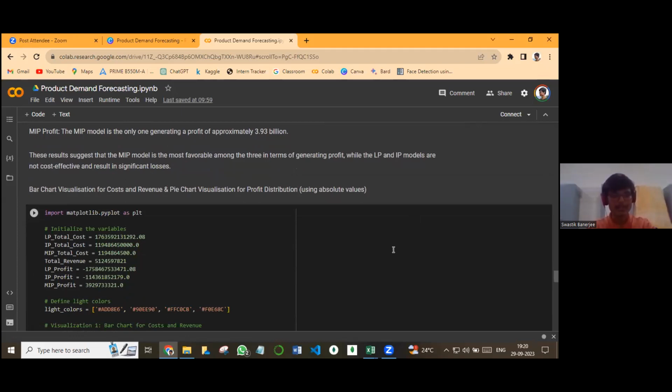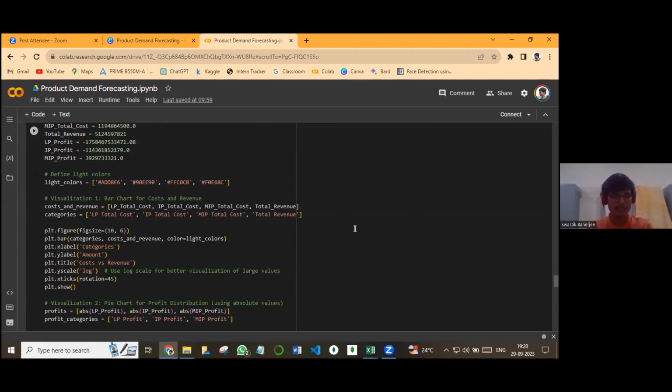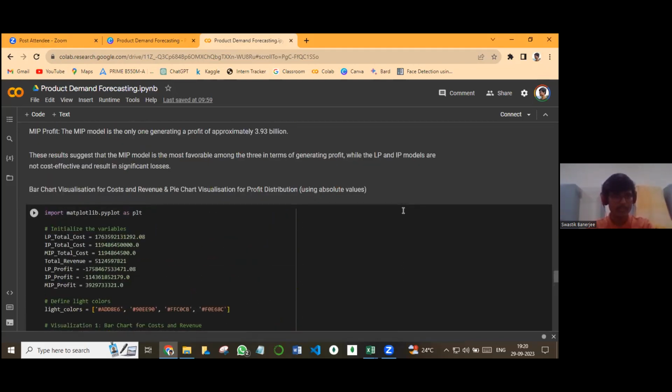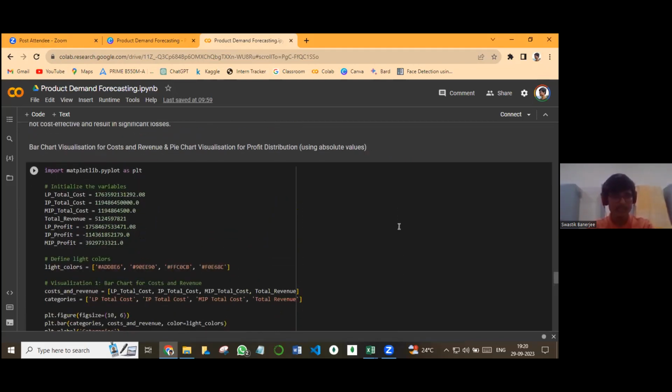Okay. Now we'll visualize these things in terms of cost versus revenue, and also the pie chart for profit distribution, only the absolute values. So we'll visualize this cost versus revenue.